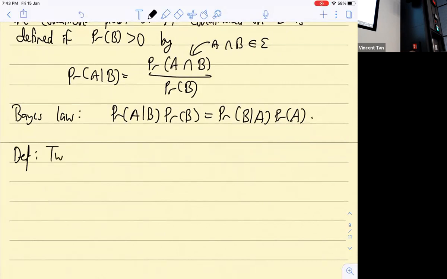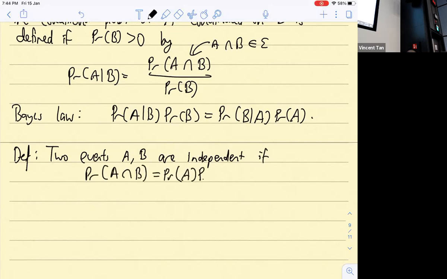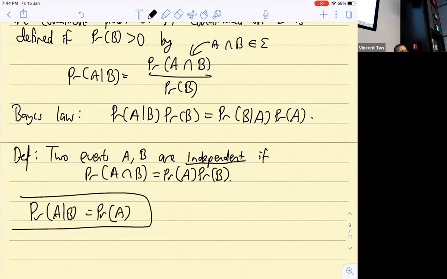Now we can talk about independence. Two events A and B are independent if the probability of A intersect B is equal to the probability of A times the probability of B. Now, why do I choose this definition instead of this other obvious definition? You can also define independence using that definition.